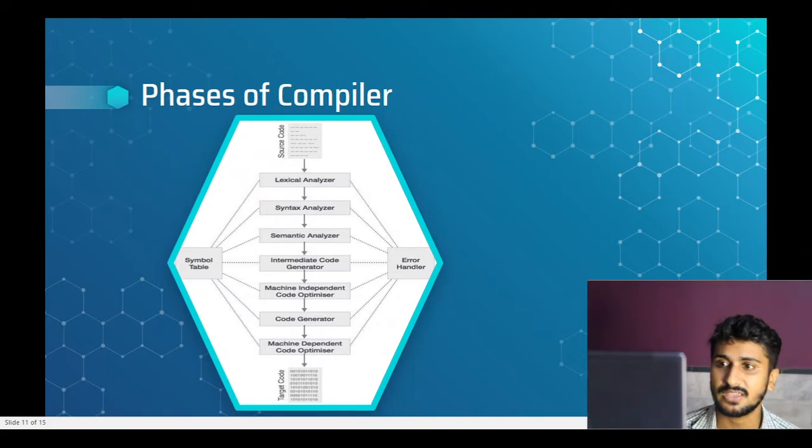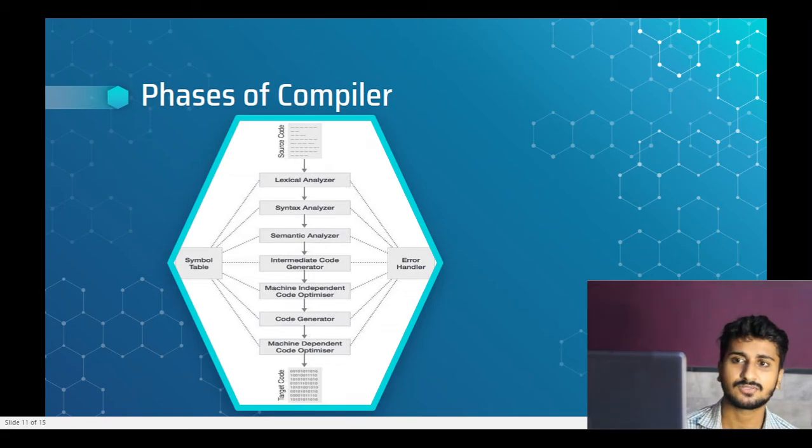Then there is the syntax analyzer. What is the work of the syntax analyzer? Syntax analysis is called parsing. It also makes a parse tree. It takes the tokens produced by lexical analysis as input and generates a parse tree.